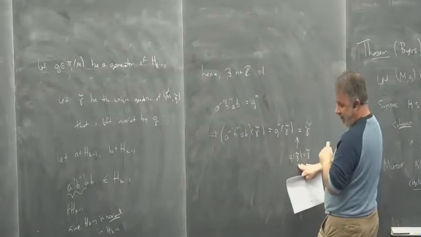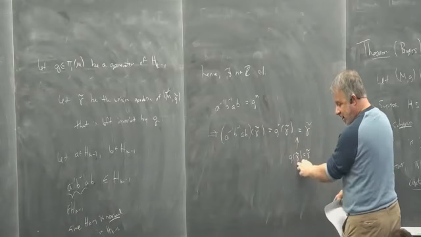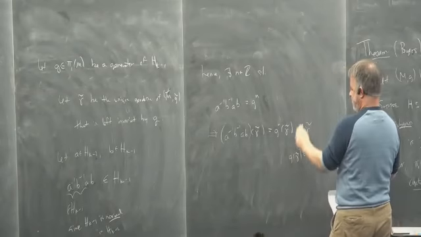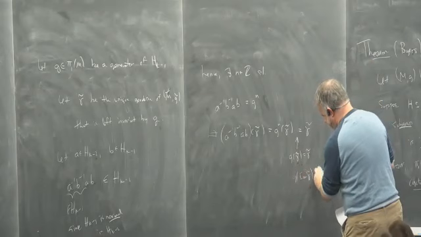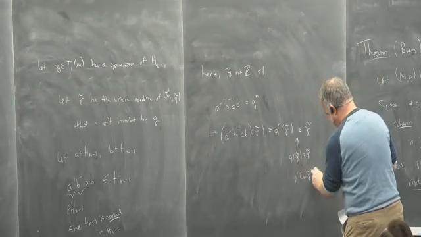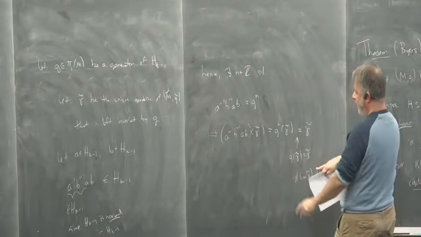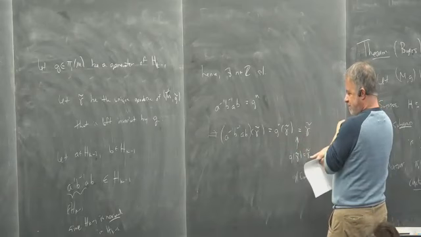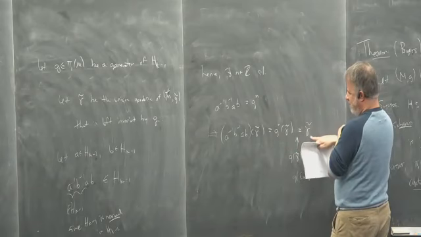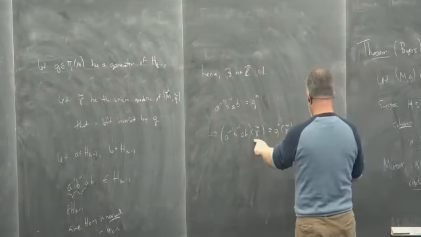So I'm being a little sloppy here. Strictly speaking, g of the image of gamma tilde equals the image of gamma tilde, but I don't want to keep writing image. Gamma tilde is preserved by g, so if I do it n times, it preserves gamma tilde.